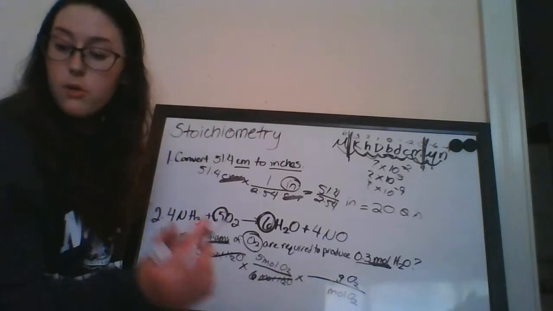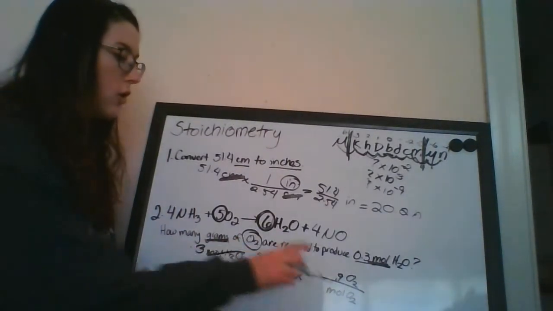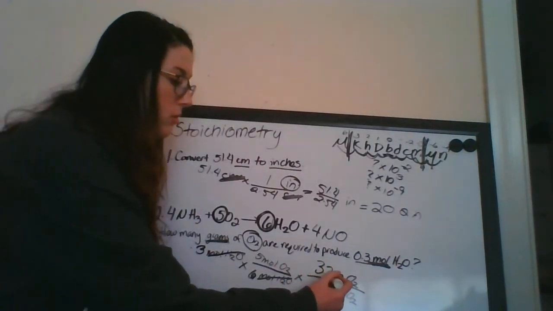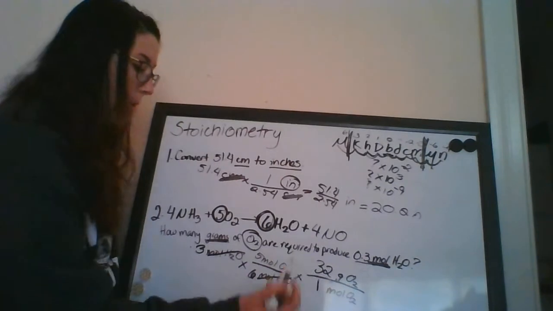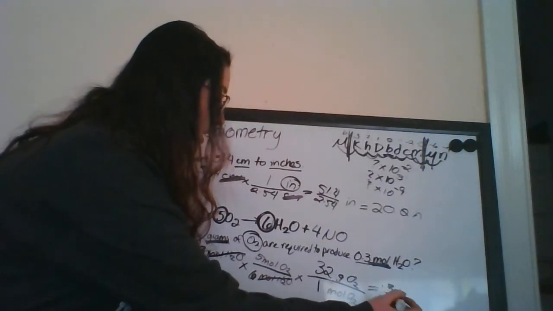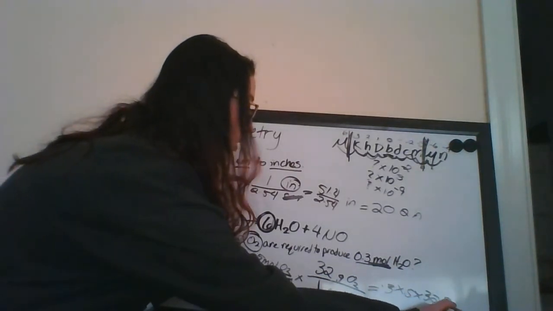Now this is where you would grab your handy dandy periodic table and figure out how many grams are in 1 mole of O2. And that's 32 grams for every 1 mole. Now if you multiply all that out, you're going to get 0.3 times 5 times 32 grams.